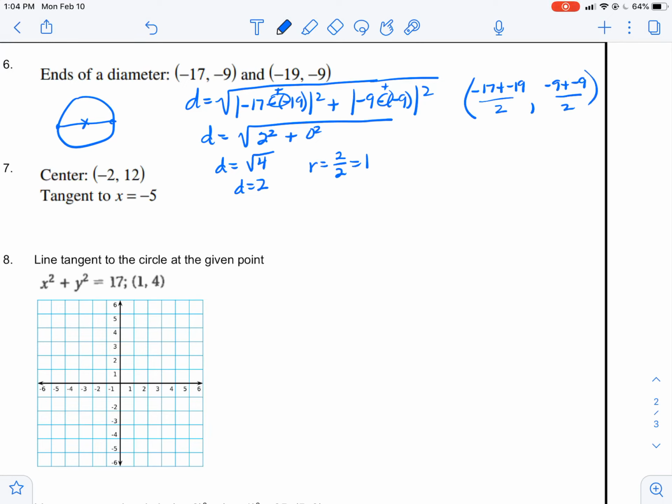Okay, so that's going to give me a negative 36 over 2 and negative 18 over 2. So that is a negative 18 and a negative 9.